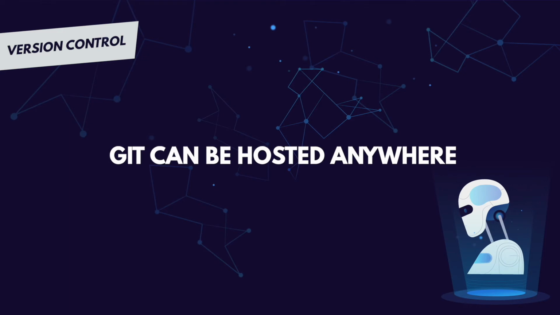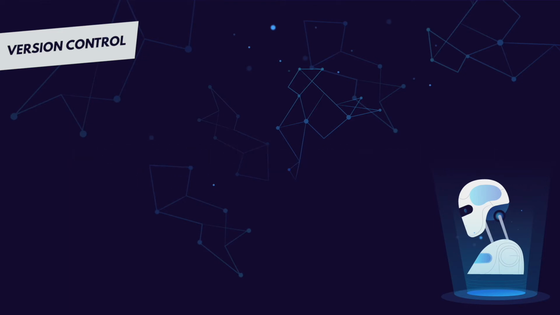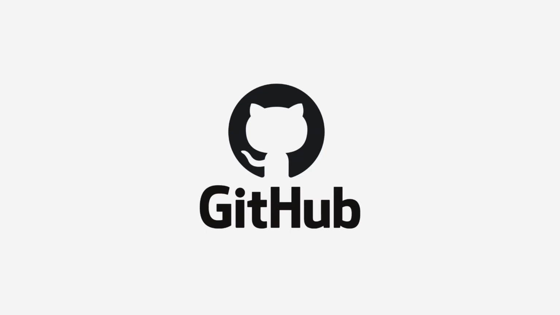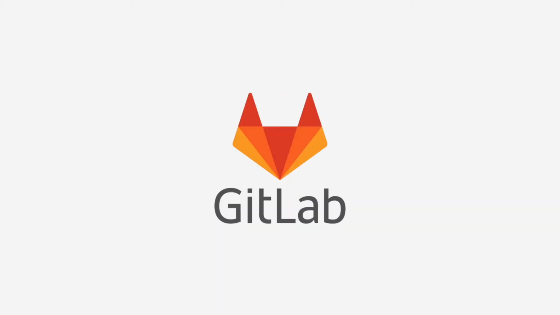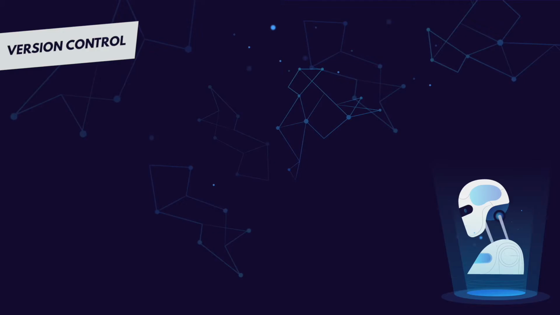We can even simply add them to OneDrive or Google Drive, but there are famous platforms built for this. Some popular platforms are GitHub, Bitbucket, and GitLab. Here we have used GitHub to host our Git repository.